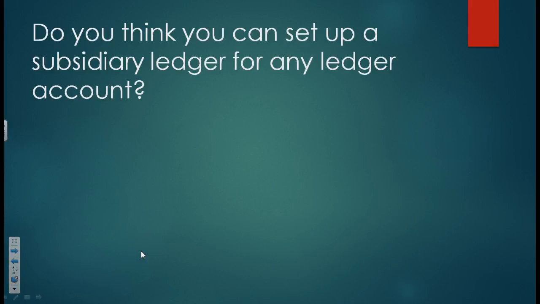This is a question that I really want you to think about. Do you think you can set up a subsidiary ledger for any ledger account? Think back, break the question down, and let's see what your answer is.